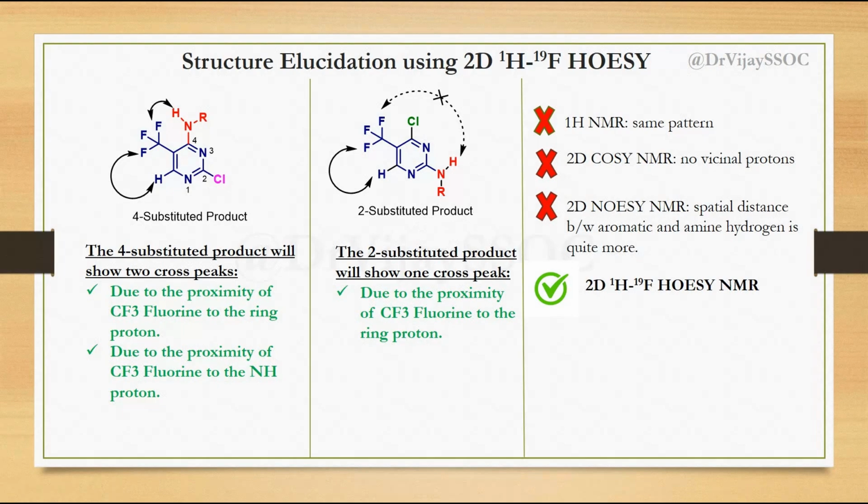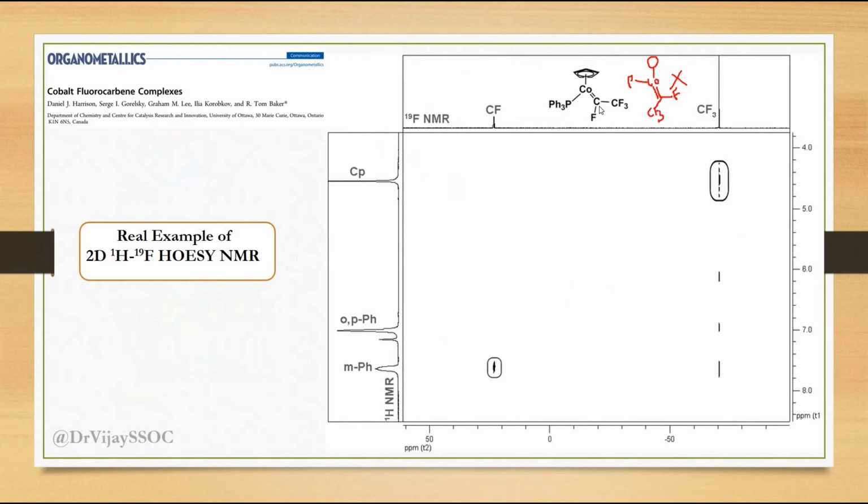Now it is very important to understand how a 2D 1H-19F HOESY NMR looks and how to interpret it. So let's take the example of a compound published in the Organometallics journal by the R. Tom Baker group. This is the 1H NMR of this compound, and this is the fluorine NMR.